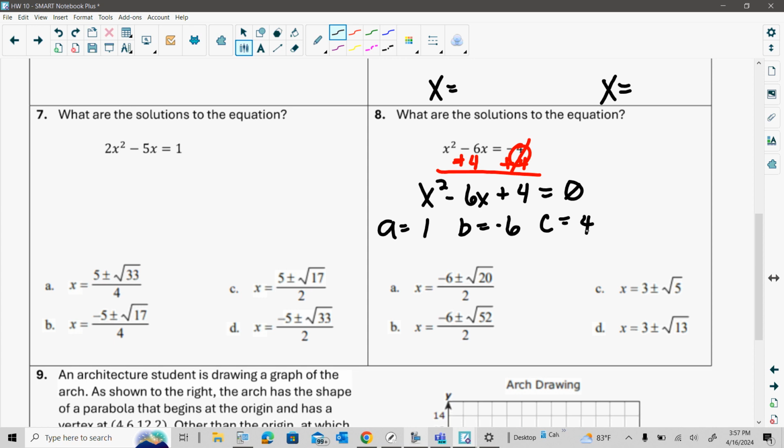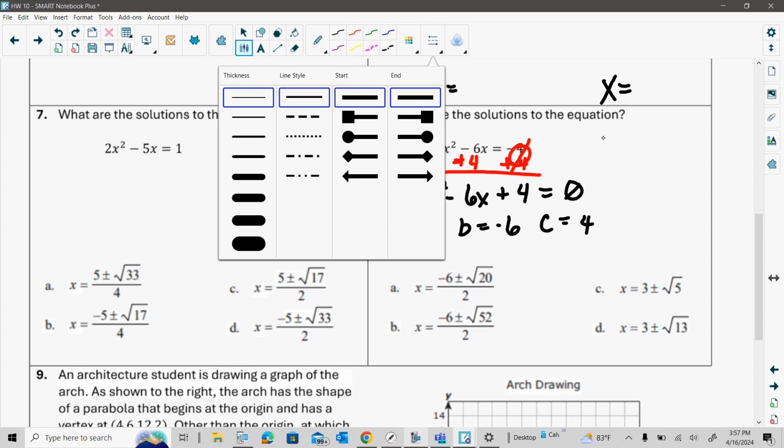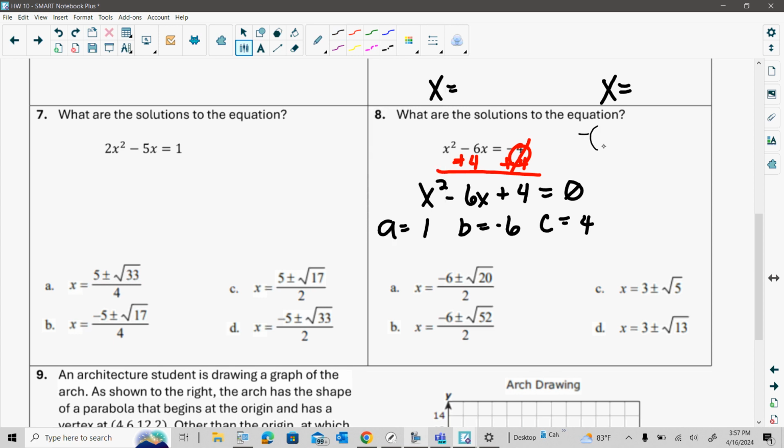So now we're going to put it in the formula. So I'm just going to move up here to the top. This would be negative parentheses negative 6, plus or minus the square root of negative 6 squared minus 4 times a times c all over 2a, which is 2 times 1.